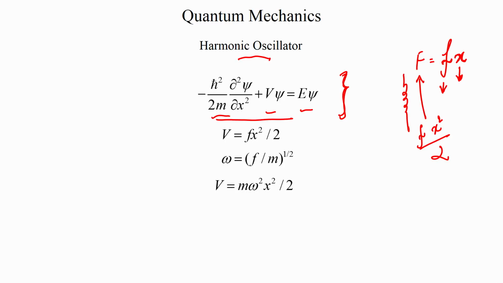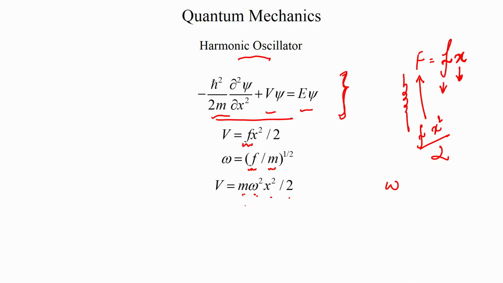If I were to let the spring go and oscillate, it would have a natural oscillation frequency omega, which is equal to the spring constant divided by the mass, to the power half. The potential energy term can be rewritten by writing F in terms of omega and m as m omega square x square by 2.